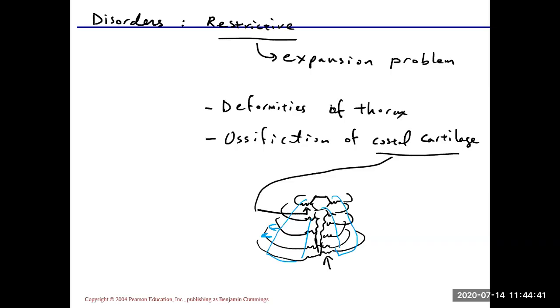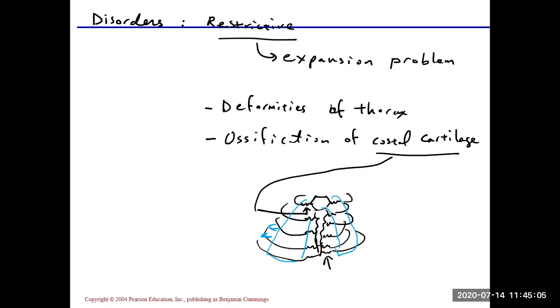But when the costal cartilage is not as flexible, the lungs have a hard time expanding. There may not be any problem with your lung itself, but due to the stiffness of the costal cartilage, they're unable to expand. That is the problem.